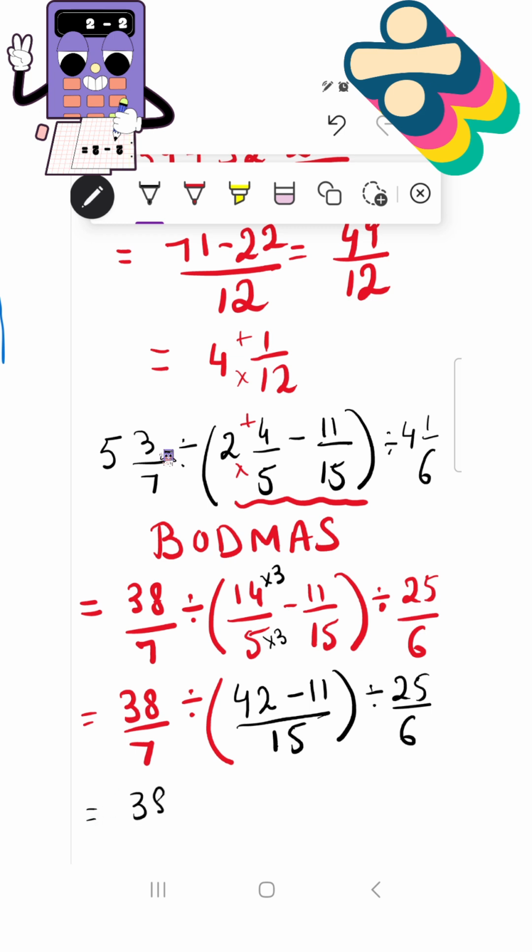Now 38 by 7 divided by, now subtract: 42 minus 11 is 31 by 15 and divided by 25 by 6.